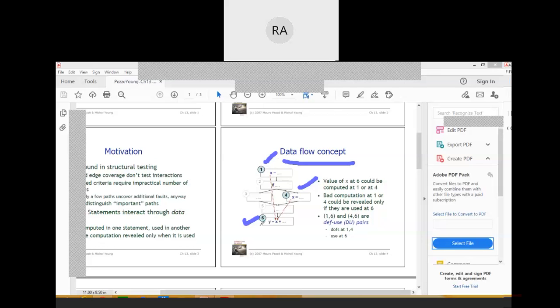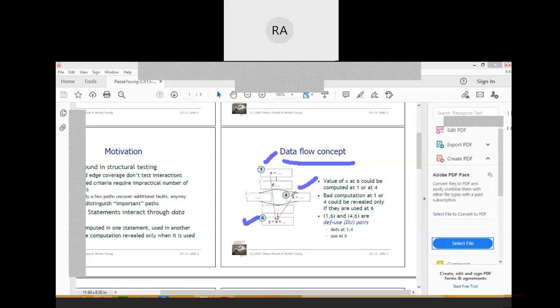How is it so? Because if the particular condition is evaluated to false, I am arriving at node number 4. After that, at node number 5, I don't have any statement where I am redefining the value for x. Directly I am using the value of x at node number 6 without any node which redefines the value for x.